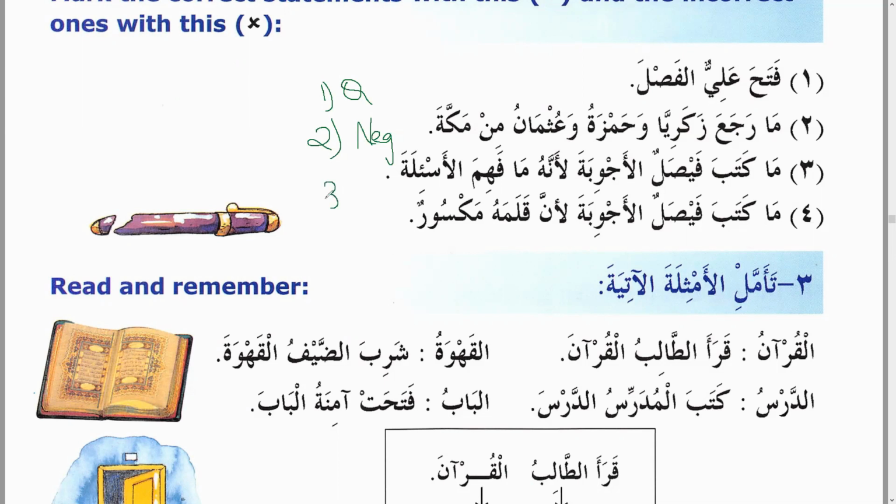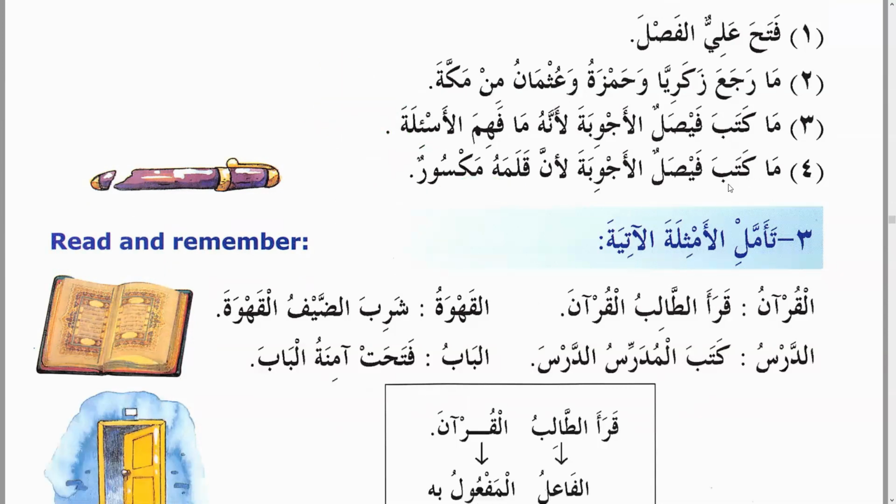There's another ma, like allazi, a relative pronoun: sharibtu ma tashrab, I drank what you drank. Then there's also a negative ma for nominal sentences, which works like laisa. This ma is for negation of a past tense verb.